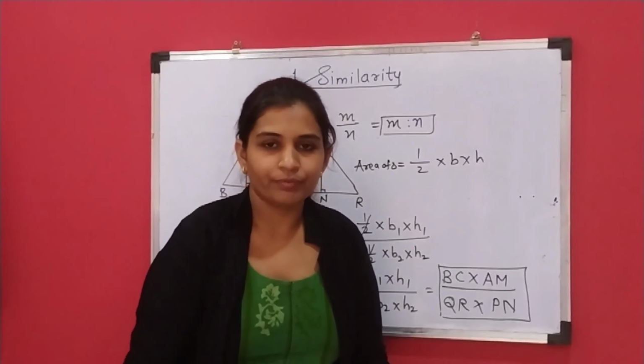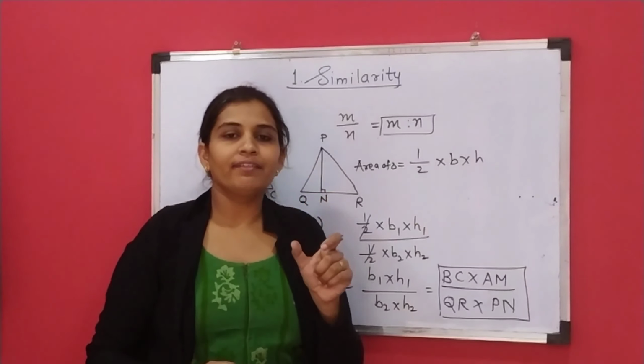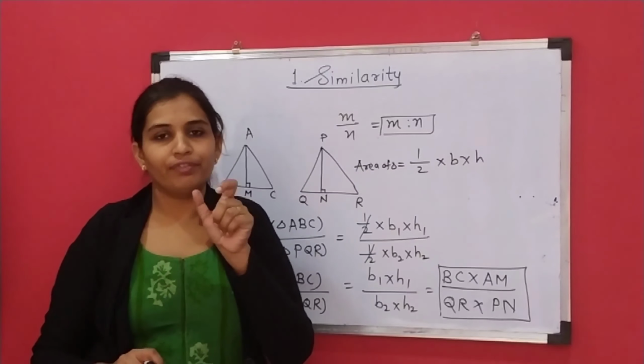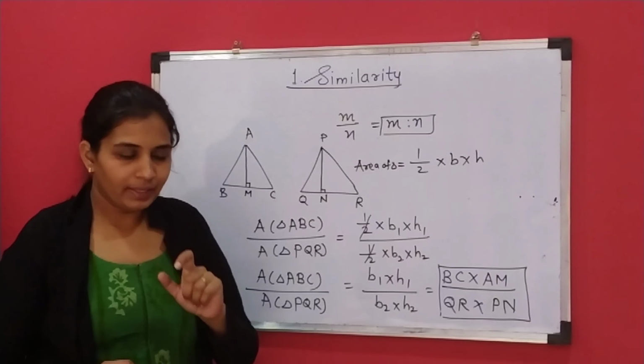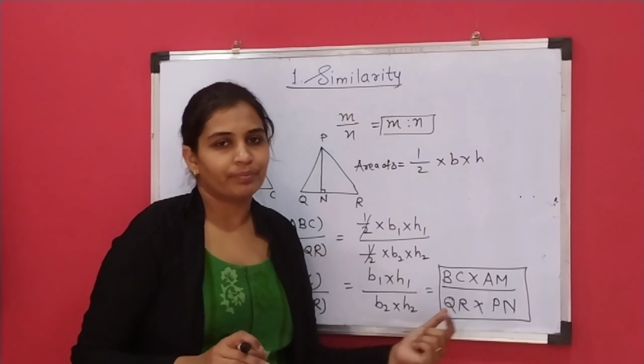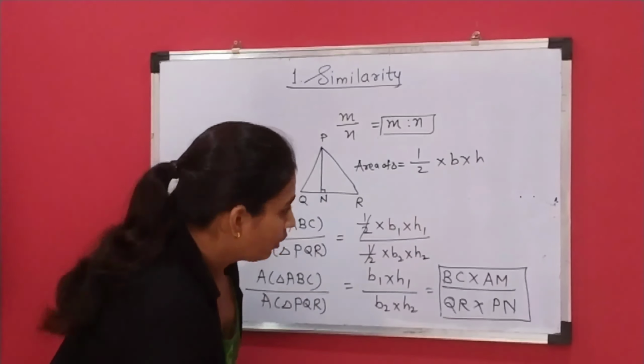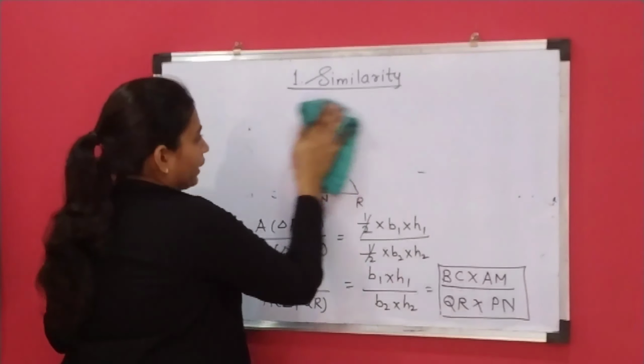Now students, we got the first property: the ratio of areas of two triangles is equal to the ratio of the products of their corresponding bases and heights. Did you get it? Good. Now take another property.